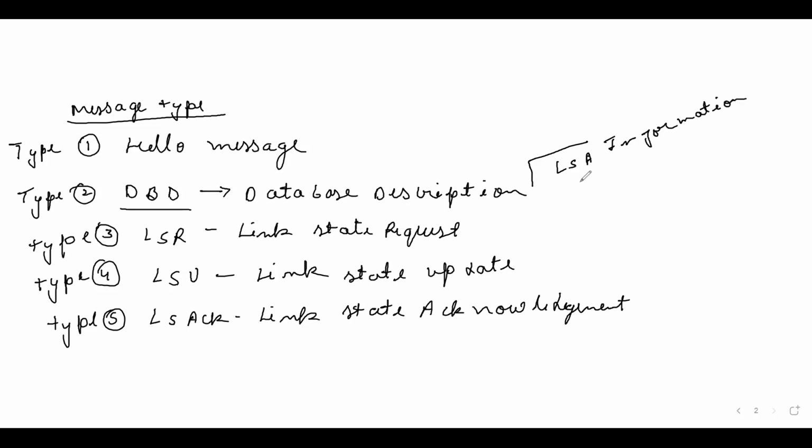Simply, if I have this router with 3 links, and every link has a different IP, this link information is what we call LSA in technical language. Suppose this is link 1, 2, and 3.